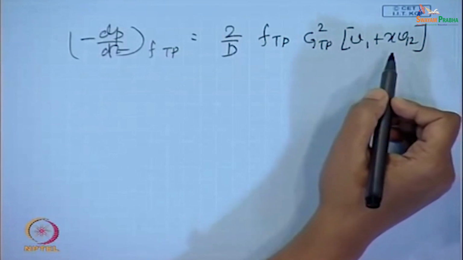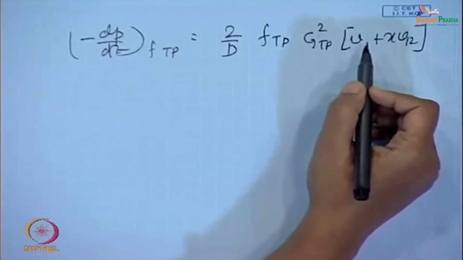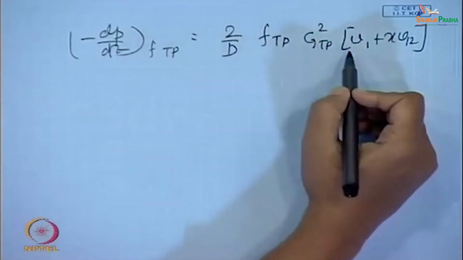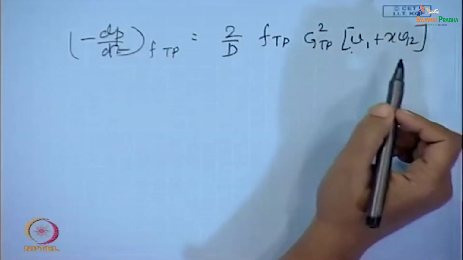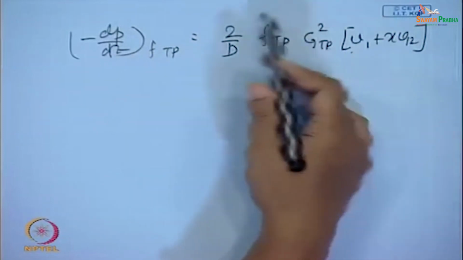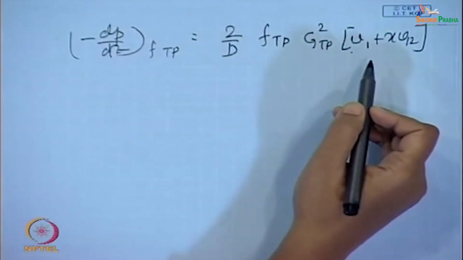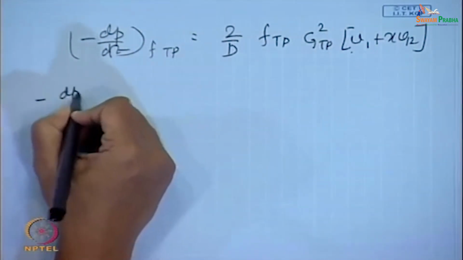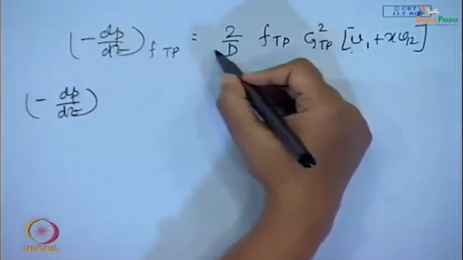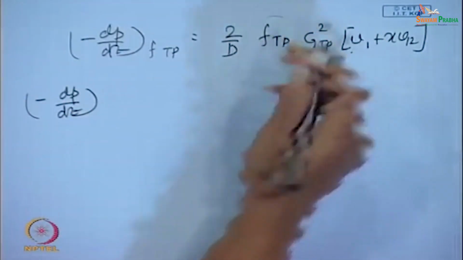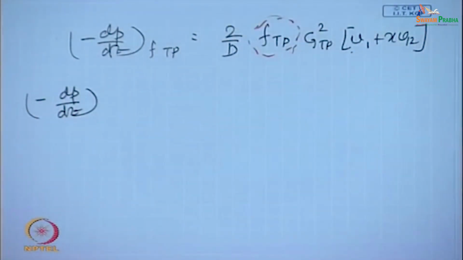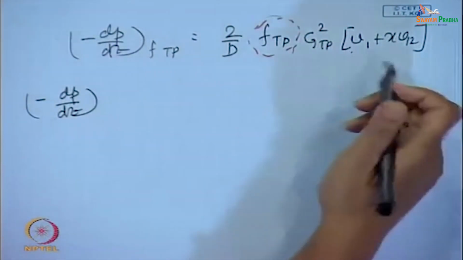Because if we have to find out the properties using Mollier charts, steam tables, etc., then from there it is very easy to get V 1, V 1 2 and so on and so forth. So, this can be written down in this particular form, agreed. Then we find that here everything we know except this FTP term. This is the only unknown, other than that all the terms we already know, is it not?